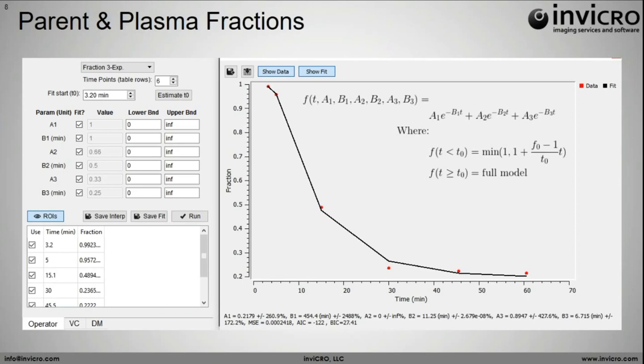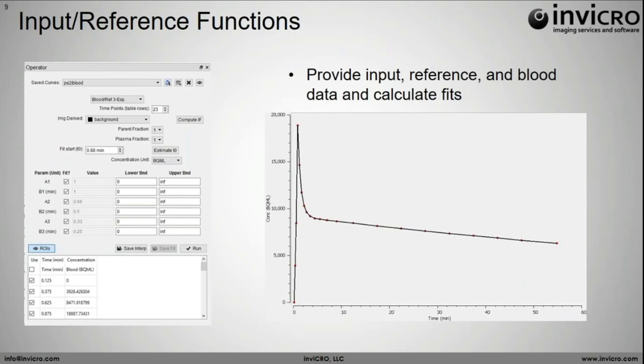Another great addition has been our ability to put in input functions. In the past, we put the onus on the user to make sure that that information is pre-processed beforehand and added to a table. Now there's a whole flexible workflow for this. You can input things like parent and plasma fractions, blood data of different types, and you can smooth it with a sum of exponentials model.